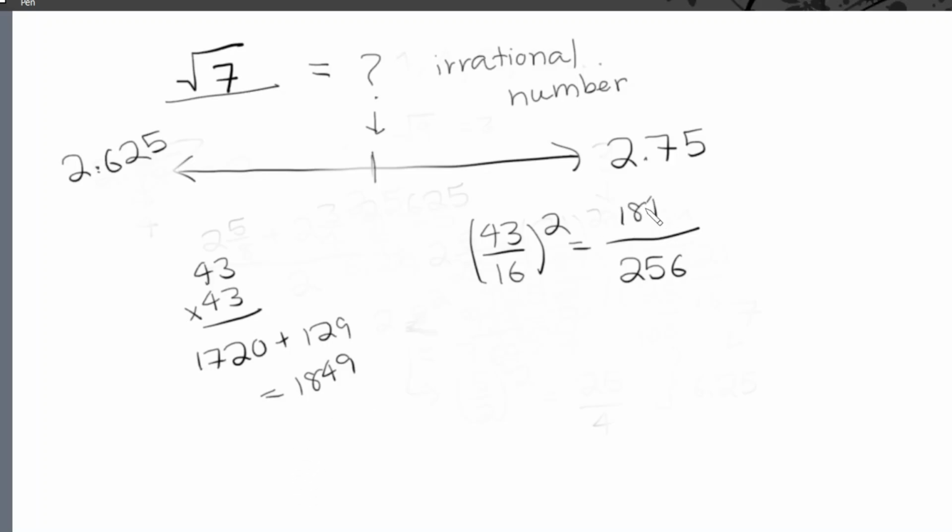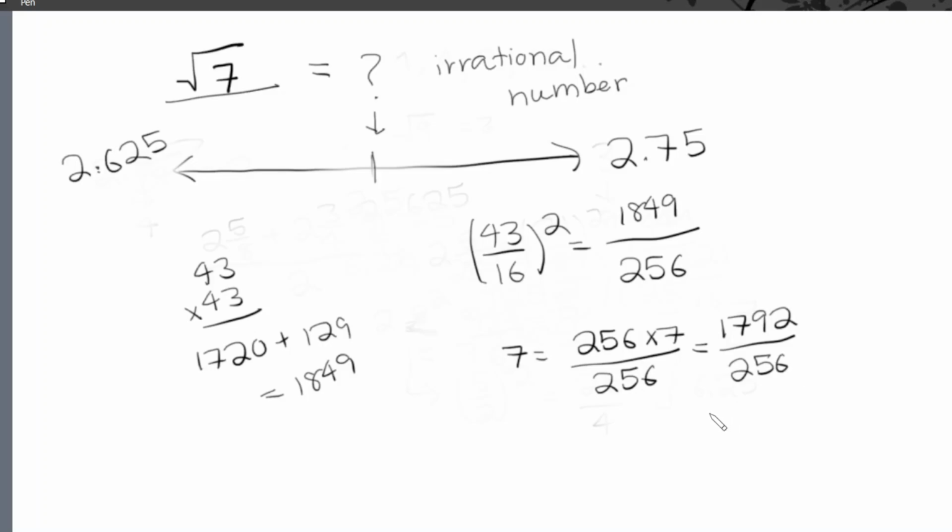So this is 1849, and 7 is just equal to 256 times 7 over 256, which is 1792 over 256. So we know then that this is less than that. Wait, no, it's the other way around, sorry. This is greater than that.